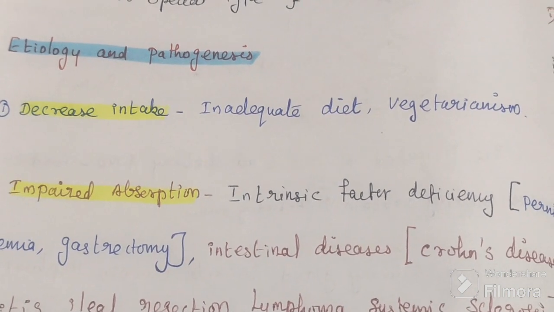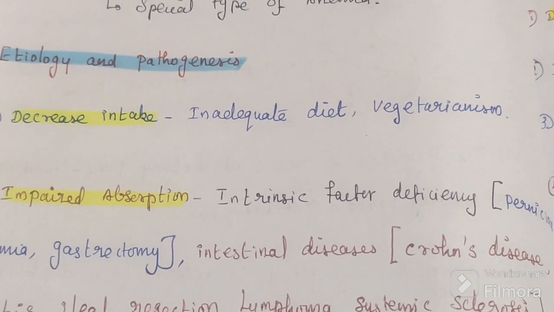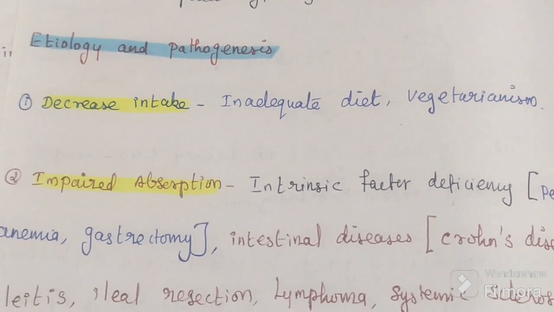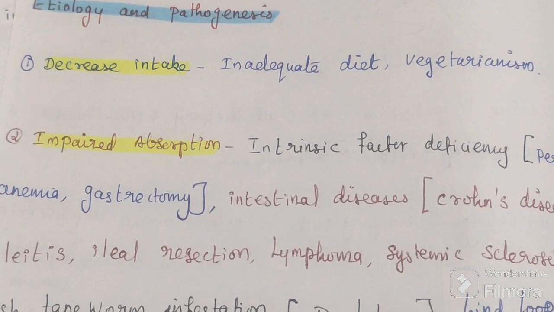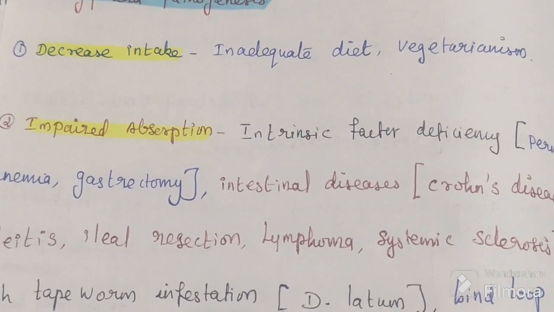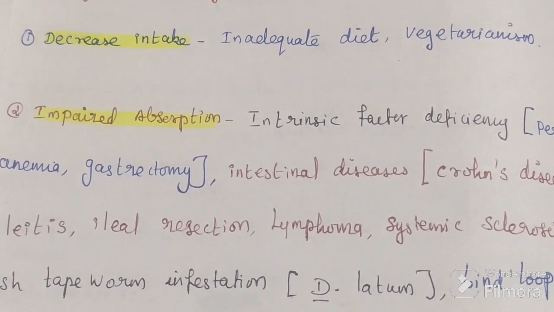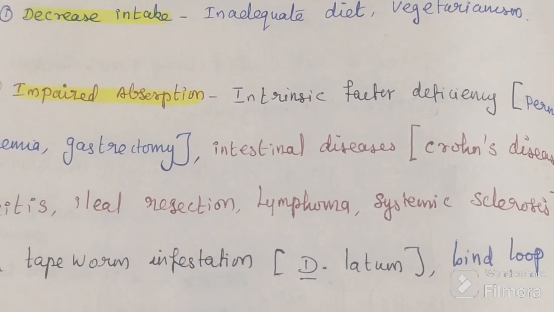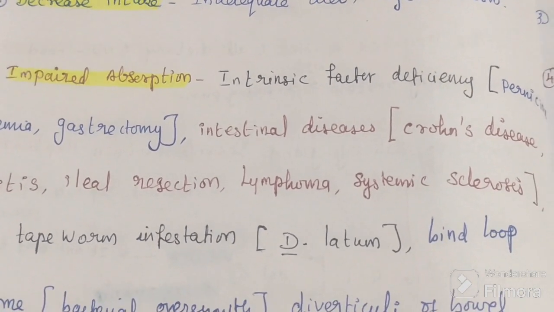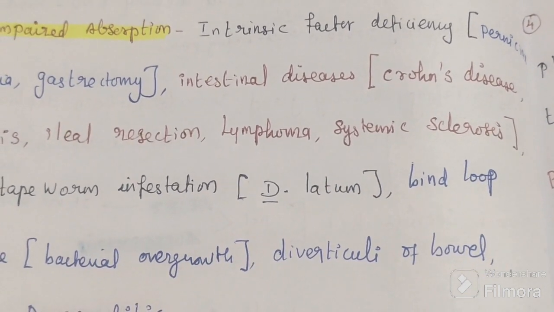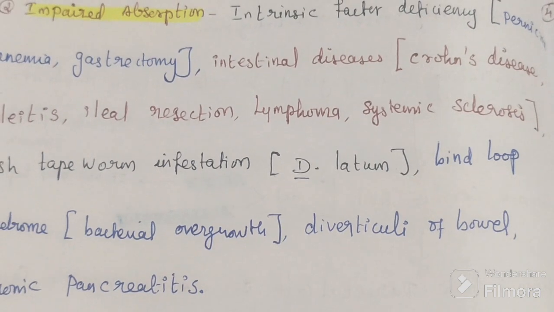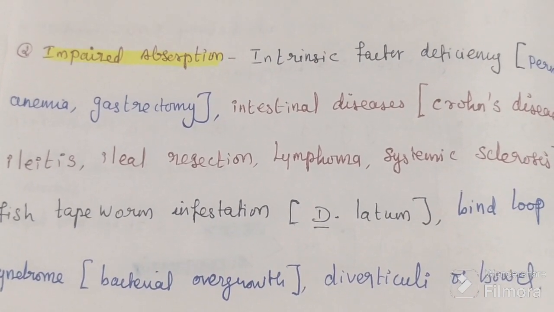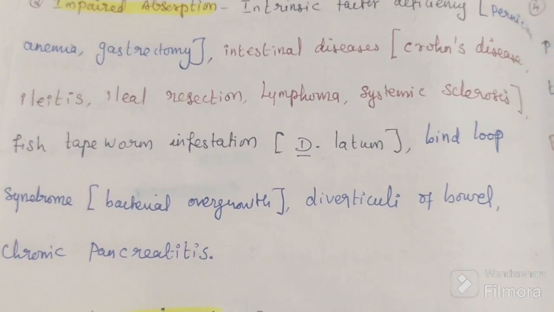Vitamin B12 deficiency can be due to decreased or inadequate intake, as in vegetarians, since vitamin B12 is present in high amounts in dietary and non-veg sources. Another cause is impaired absorption: the diet is not absorbed in the intestine because of intrinsic factor deficiency, as in pernicious anemia, or gastrectomy, where the stomach is removed due to cancer, or intestinal diseases like Crohn's disease, or bacterial overgrowth. In these cases our body cannot absorb vitamin B12.